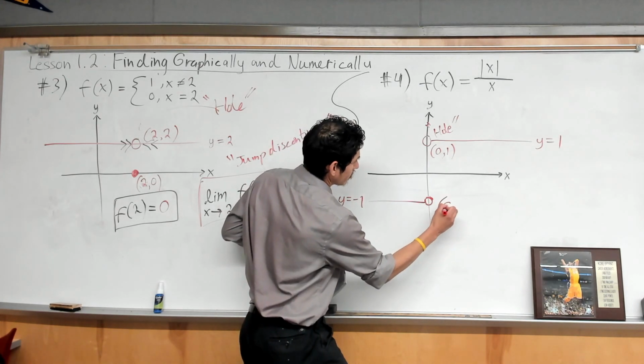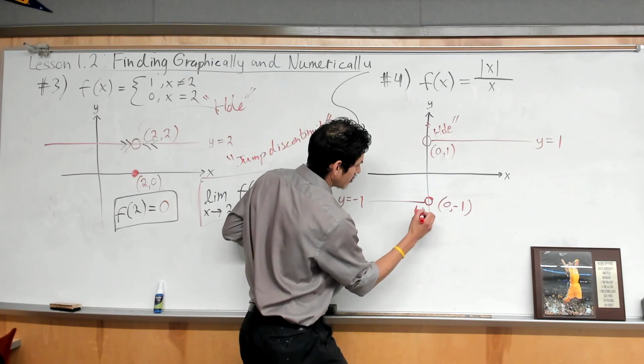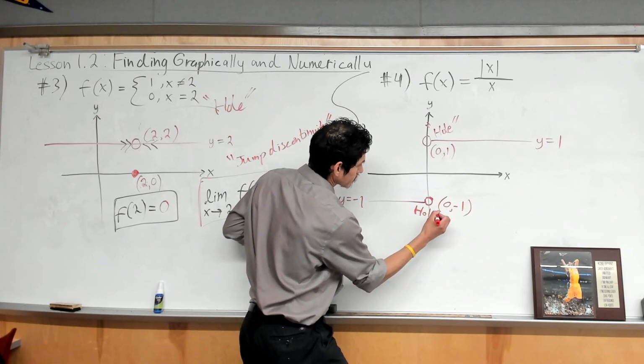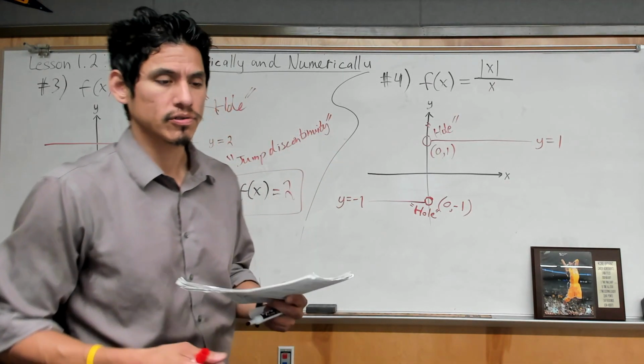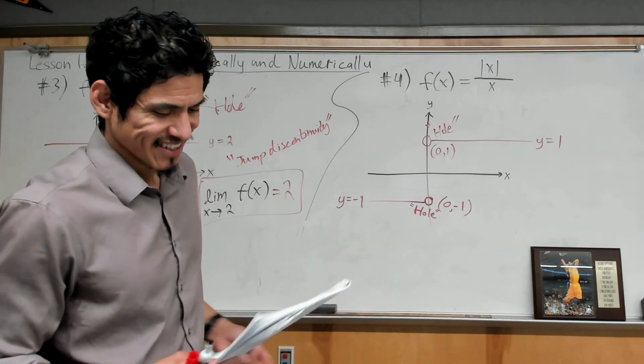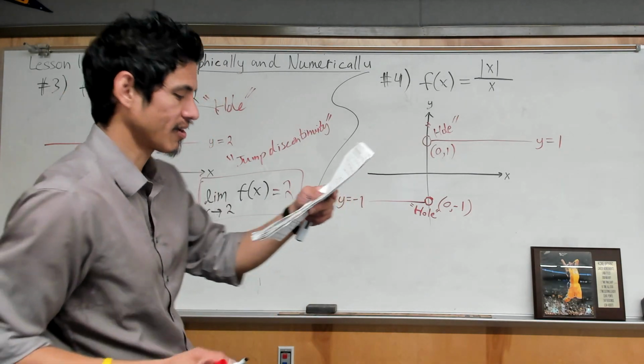We also got a hole. Got 2 holes here. Holes all over the place. So we got double hole action going on here. I hope that didn't come out wrong.